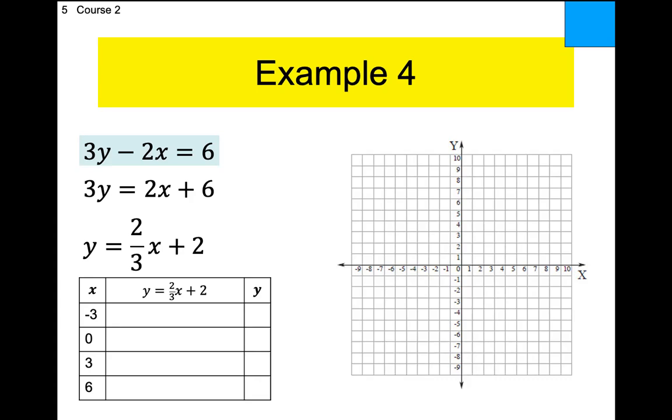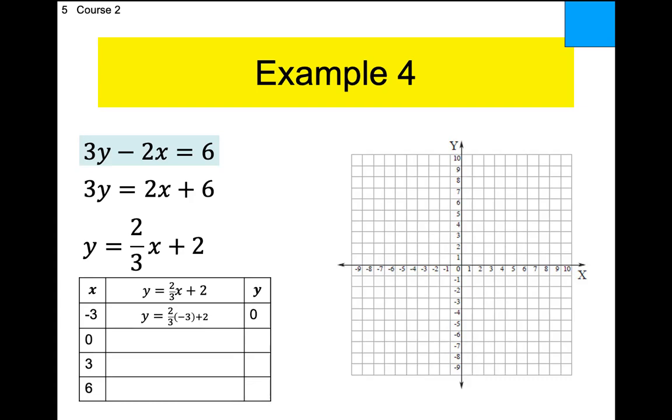Okay, here we go. This one's ugly. -3 times 2 divided by 3 is -2, plus 2 is 0. That's a lot to do in your head. Where's the negative 2?